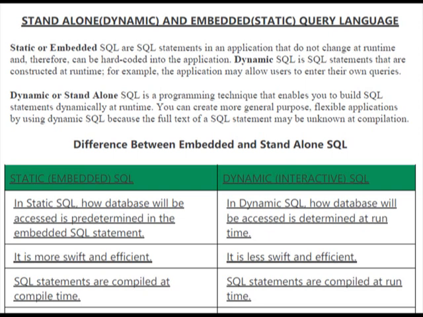So when SQL is embedded with C or C++, it is known as Pro*C or C++, or simply Pro*C language. Pro*C is the most commonly used embedded SQL. So let us see some of the important points regarding this. When SQL is embedded within C language, the compiler processes the compilation in two steps.